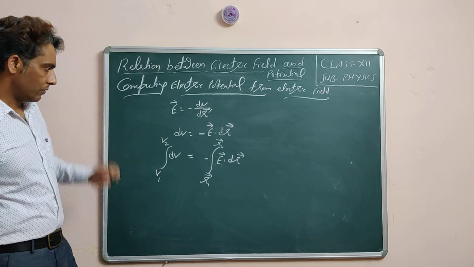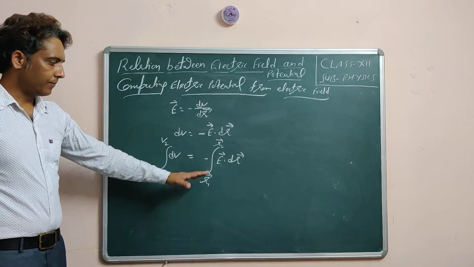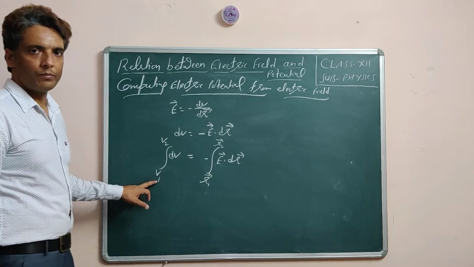So if I take this R1 as the reference point, and R1 is equal to infinity, then V1 will become 0.